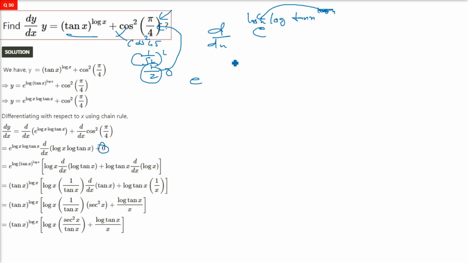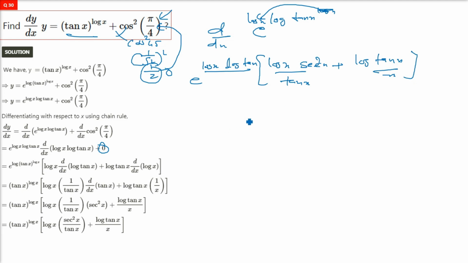So it will be same thing, e to the power log x and log 10x, and that is nothing but 10x to the power log x only. That is 10x to the power log x only.